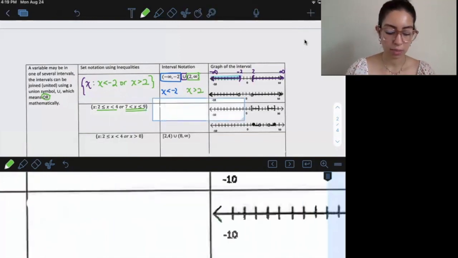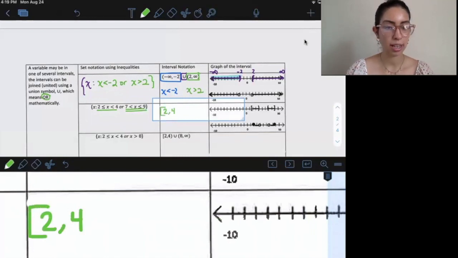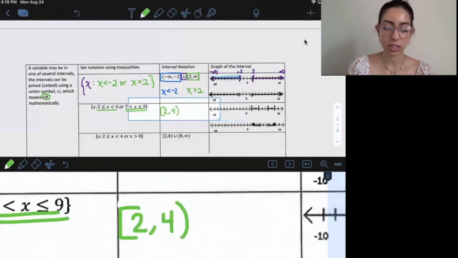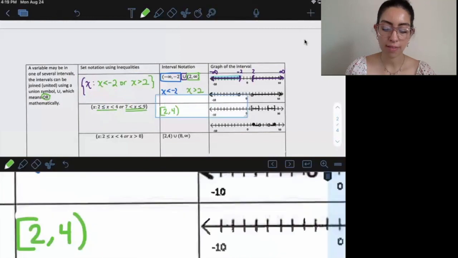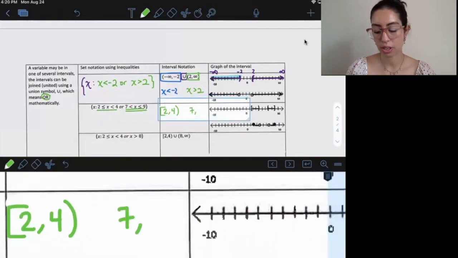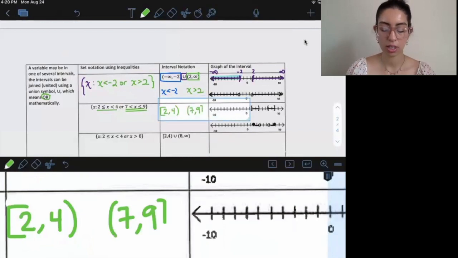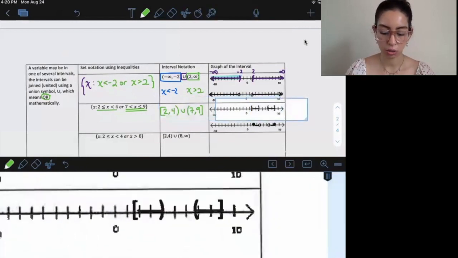So that's going to be 2 to 4, close bracket on 2, open on 4. And the next one, x is between 7 and 9, not including 7, but including 9. So we're starting from 7, ending at 9, not including 7, we are including 9, and then we union them together. And we see the 2 of those written out here on the graph.